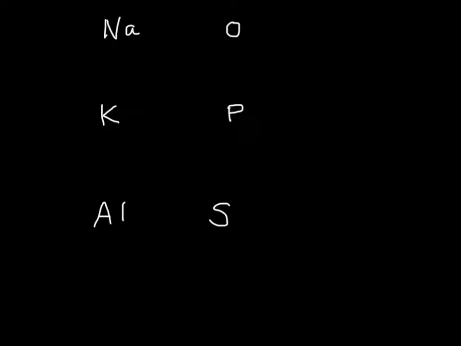So what if we want to form, let's talk about how we can form compounds, okay, and how we can name them. So sodium has 1 valence electron and oxygen has 6, okay. So it wants to lose it to form Na+, and it wants to gain 2 to be O2-, okay.